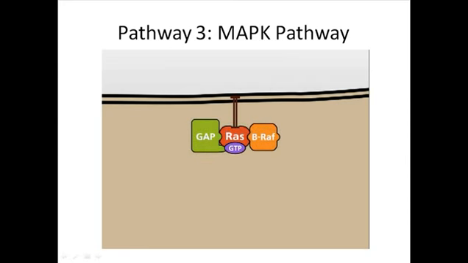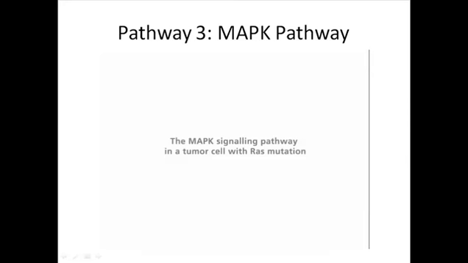GAP achieves this by providing a domain that assists the RAS protein in the hydrolysis of GTP. The bound GTP is hydrolyzed to GDP. GDP-bound RAS is no longer active and can no longer bind to BRAF. As a result, the MAPK signaling pathway is turned off.